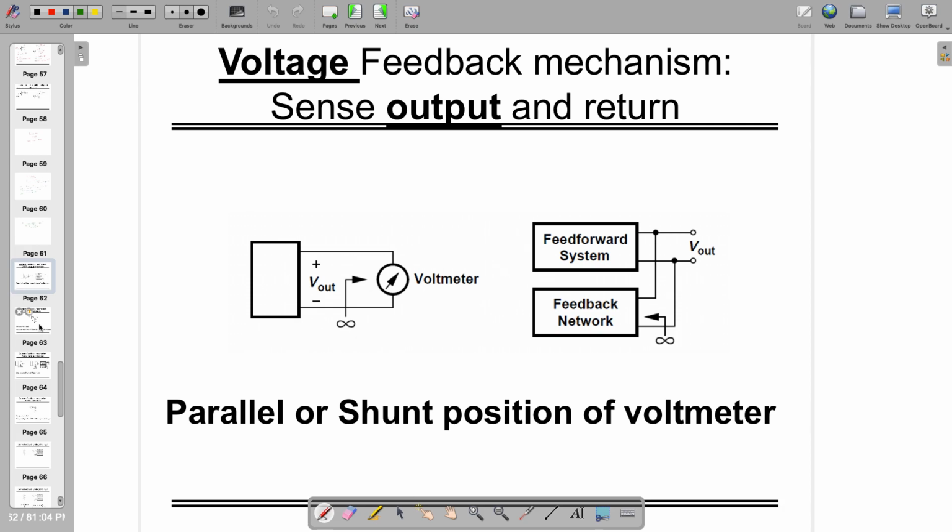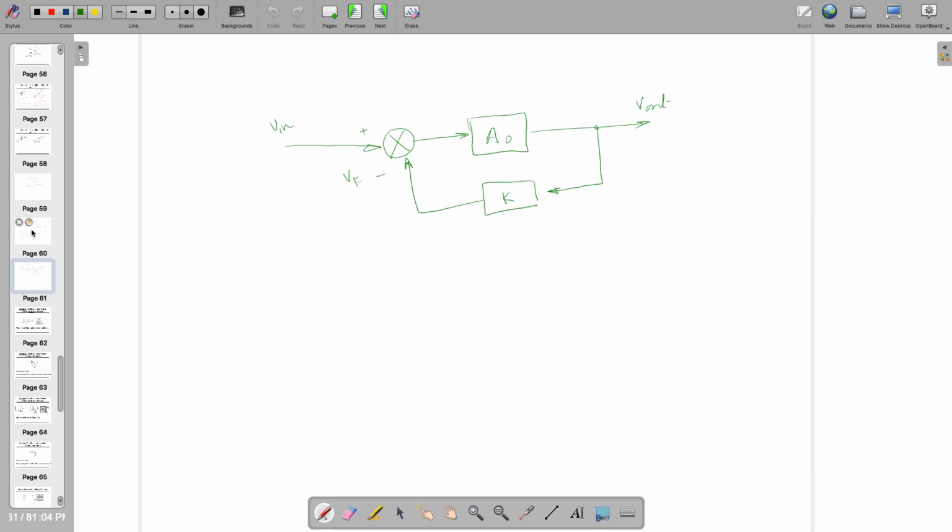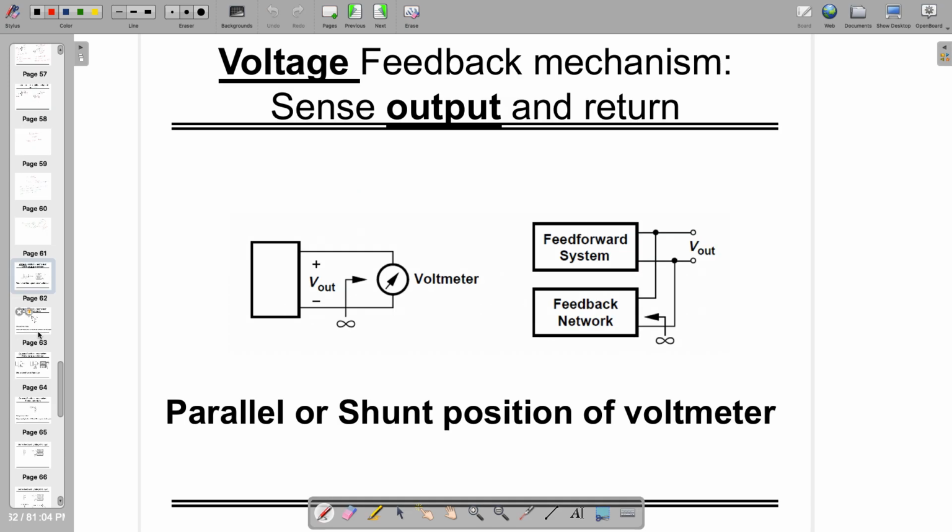So let's go to the system where we are here. By the way, if you remember, we call this one the sense mechanism. In the sense mechanism, when you are interested in the voltage quantity, or it's a voltage feedback mechanism, the output is voltage.